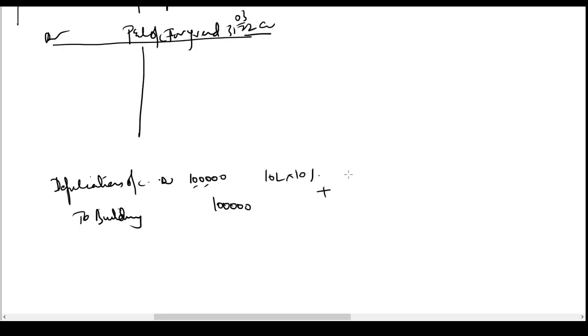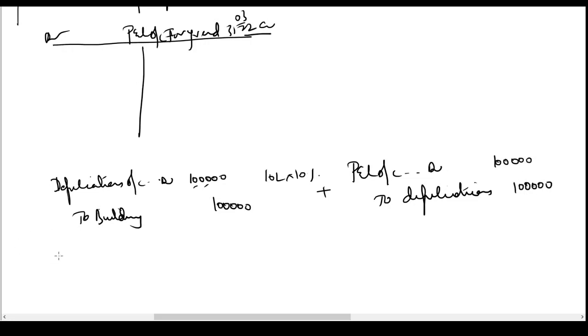Plus I have to pass one more entry. P&L account debit to depreciation, because I have to close depreciation account also. This is a nominal account, it cannot be left open at the end of the year. One more entry, depreciation account debit to machinery account.